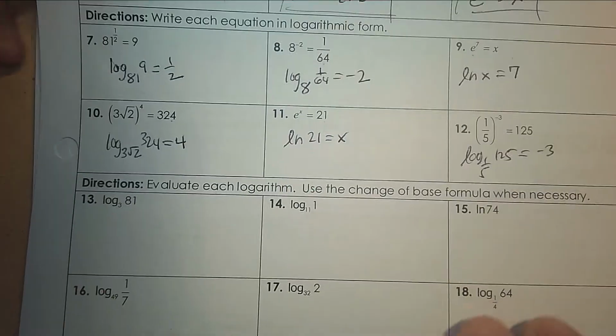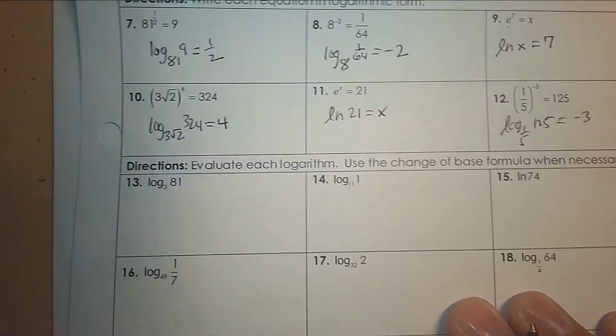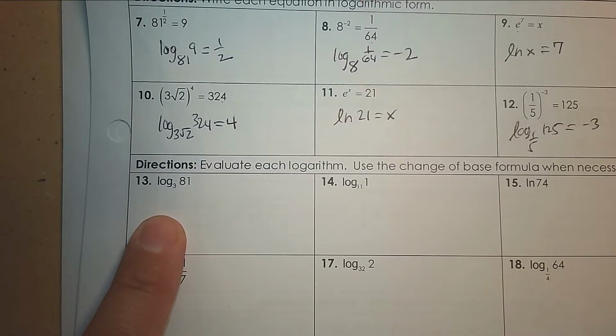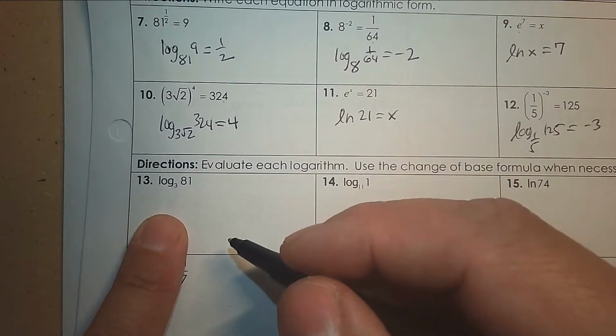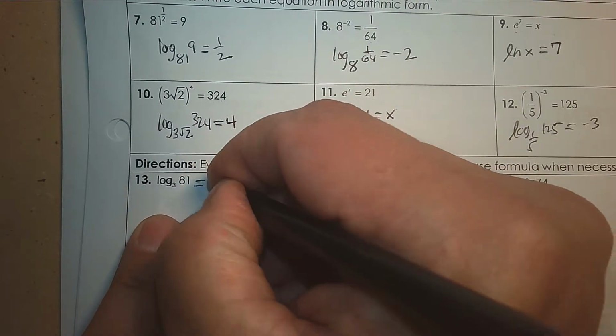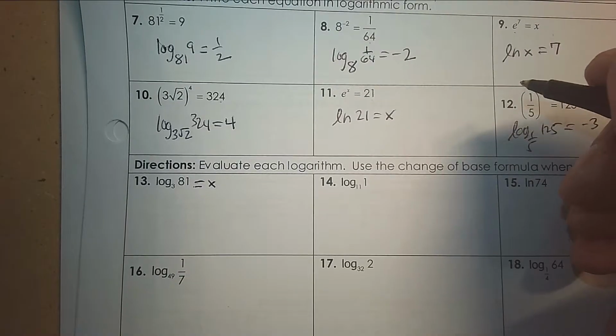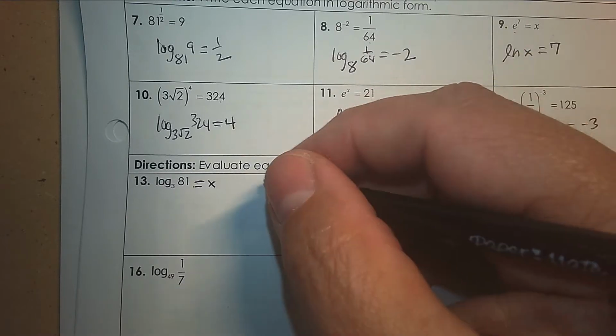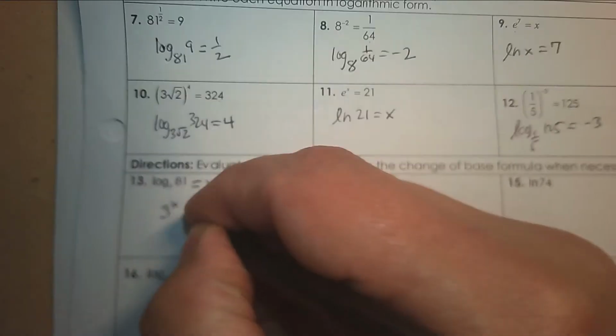Can you evaluate a logarithm? One way to evaluate a logarithm is to make it equal to a variable, and then write it exponentially. So the base is 3 to the exponent x equals 81.